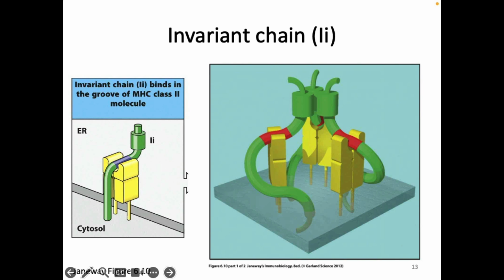And that's because that part of the invariant chain has a specific name. So that part of the invariant chain that's in the peptide binding cleft is known as CLIP, class II invariant peptide.